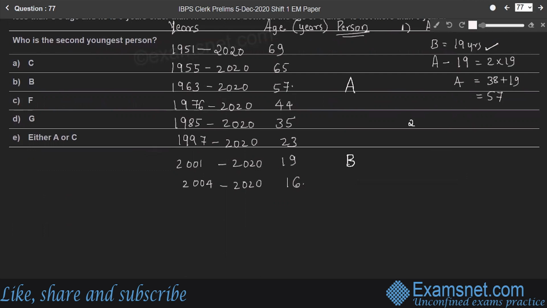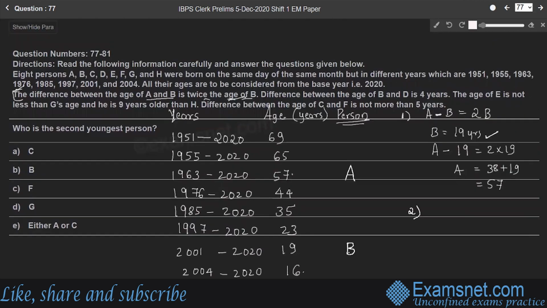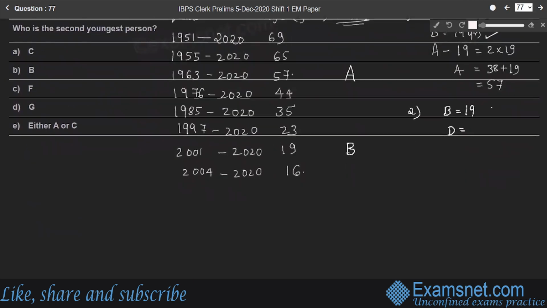The second information is: difference between the age of B and D is 4 years. Here B's age is 19 years. D's age will be greater than 19 years, because there is only one person who is younger than B, whose age is 16, and the difference is not 4 here, it is only 3.